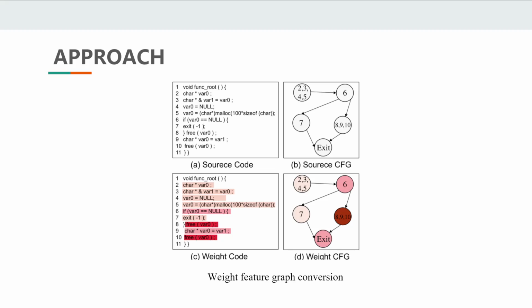From the perspective of vulnerability, the contribution of code to vulnerability is different. We define two weight distribution principles: the allocation rules of edge weight and node weight, as shown in the figure, and these are the codes and graphs that we have allocated weights to.